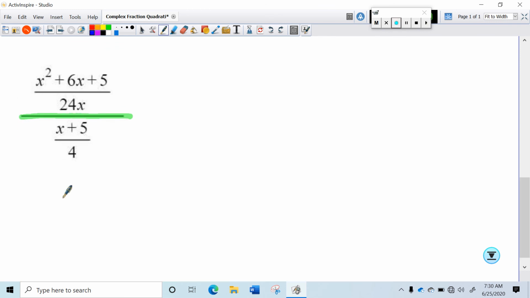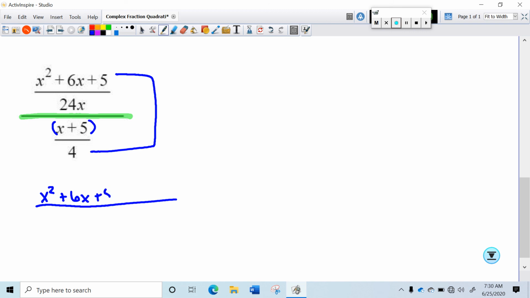Okay, so binomial outside on the top. So I've got x, I'm sorry, I said top. X squared plus 6x plus 5, and then I have a positive 4.